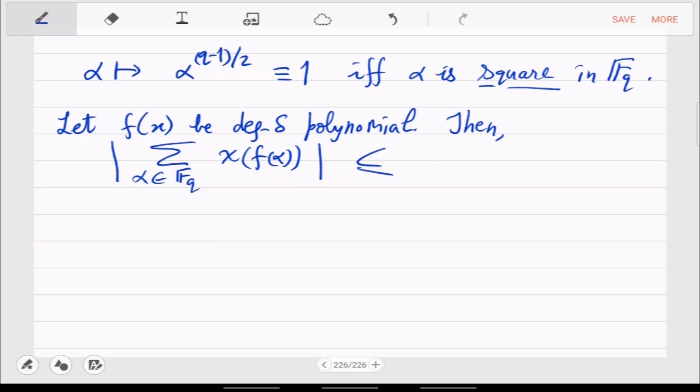So what can you say about the character sum over an arbitrary polynomial? So what do you think? You are summing it up essentially on the whole line, over the whole field basically.